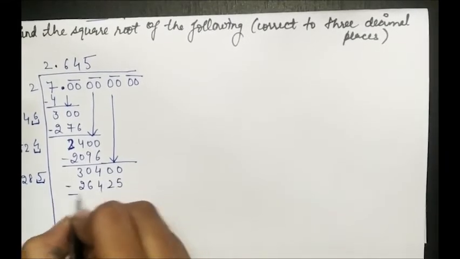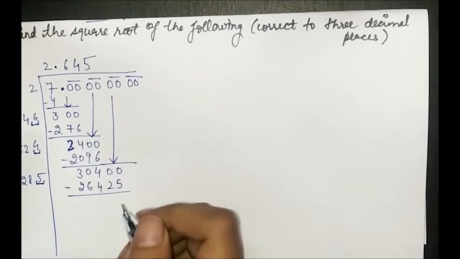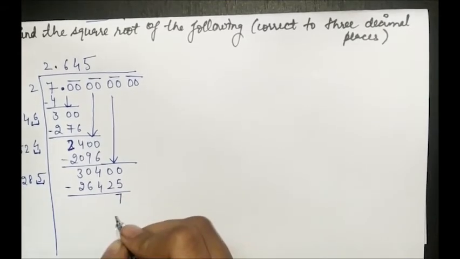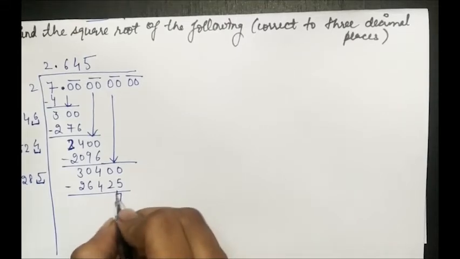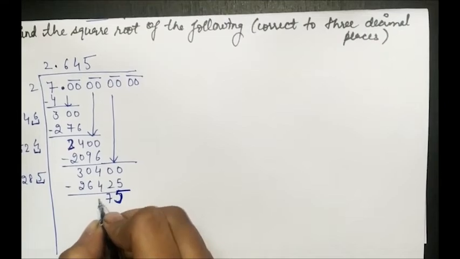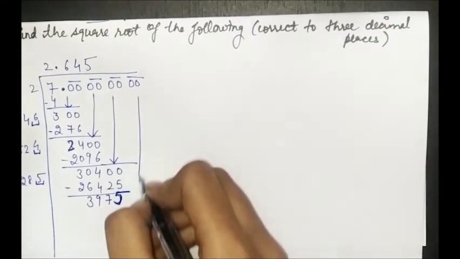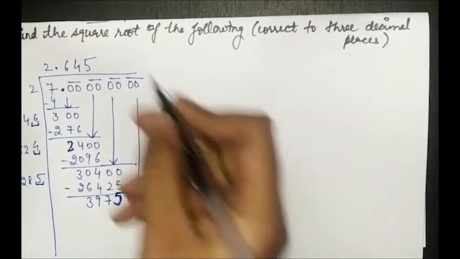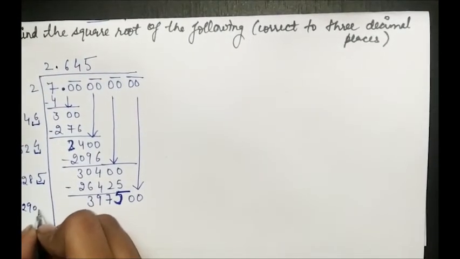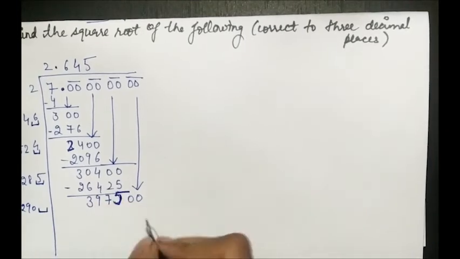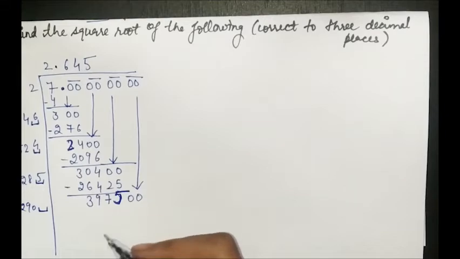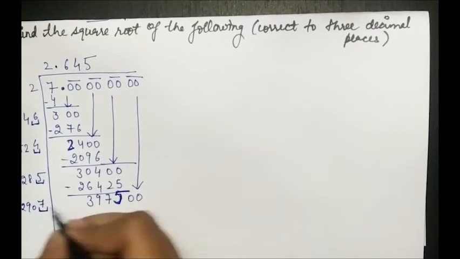So 5, and that will be 2645. By subtracting this, we get 5, 7, 9, 3, and then again 0, and then the double of 2645, that will be 5290, and then we want one number so that this will be completely divisible or lesser than this. So that will be 7.